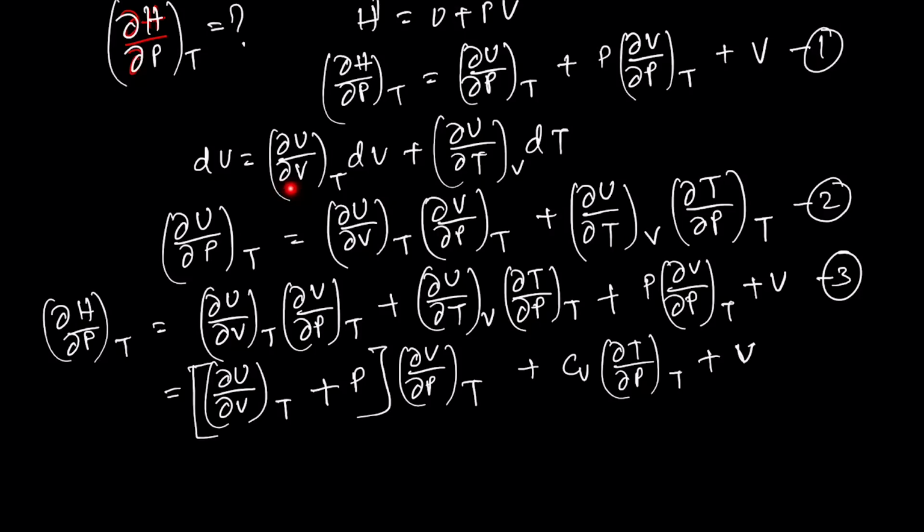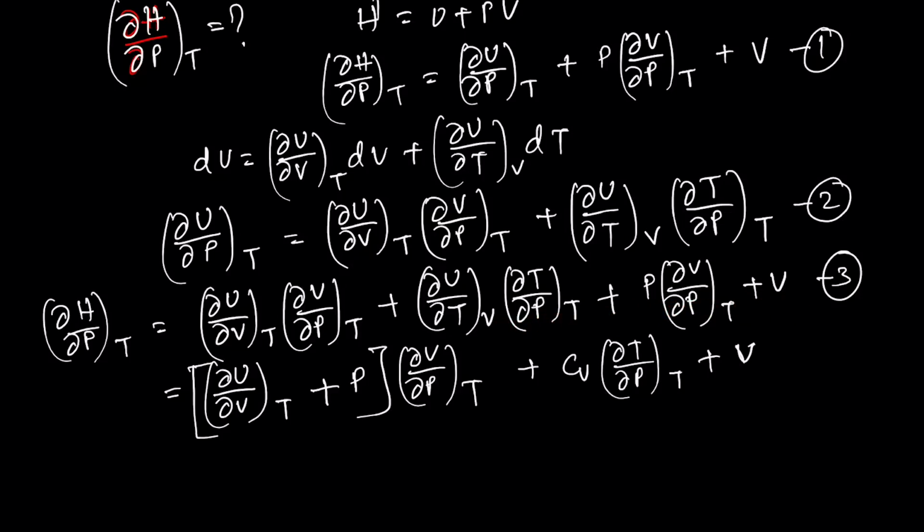And now we are coming here, and then we write del U by del V, del V by del P, del U by del T, del T by del P at constant T, correct. That is correct.